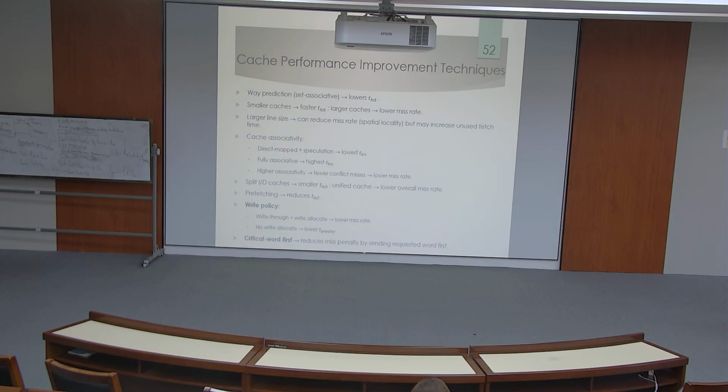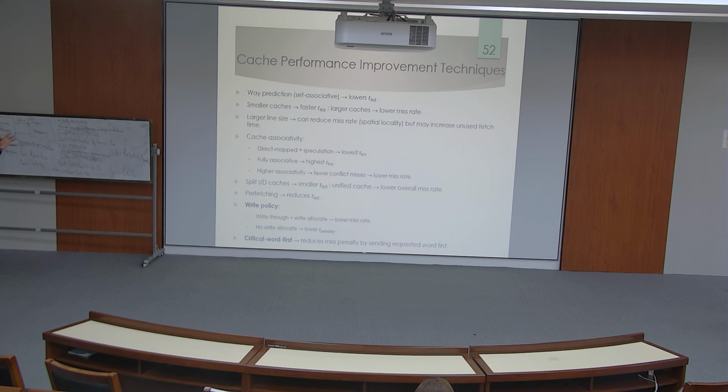When it comes to the cache size, we need to discuss it. If we have a smaller cache size, that means that we have a faster hit time. As you know from the memory hierarchy, with a small size of memory, the time to return the data from the memory is going to be less.